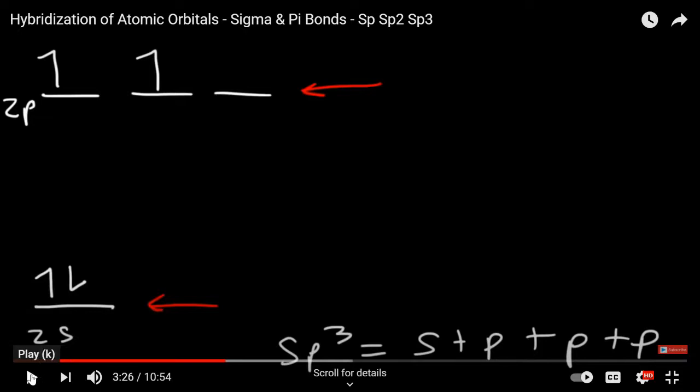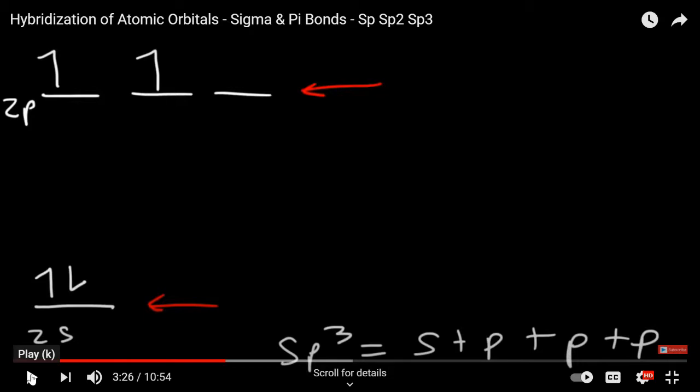What do you think? It says it's going to use all 3 p orbitals, but there's only 2 orbitals that have electrons in them. So first, how is it going to use all 3? Say it again. I cannot hear you at all. Take one from the s and put it to p?